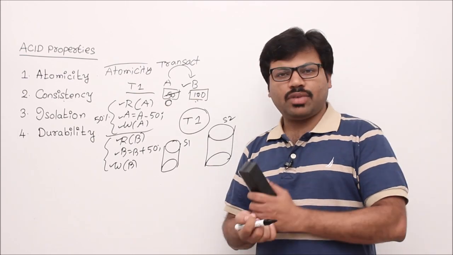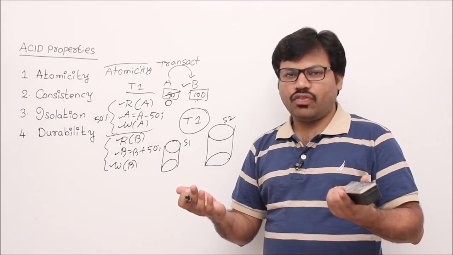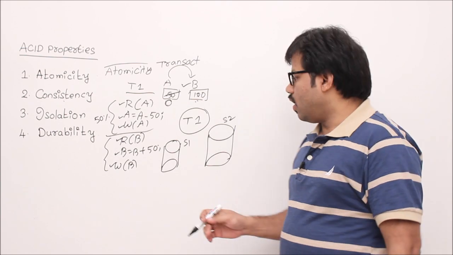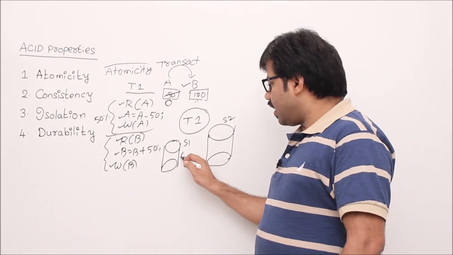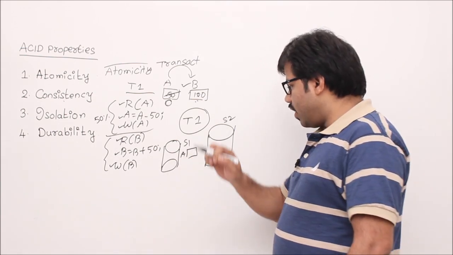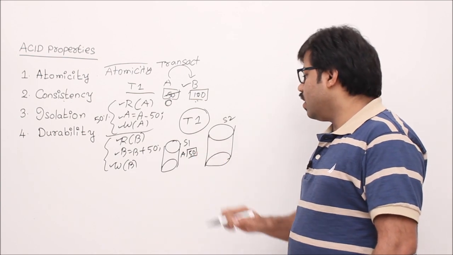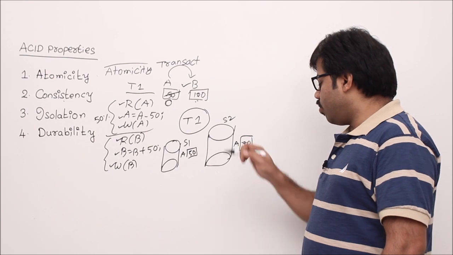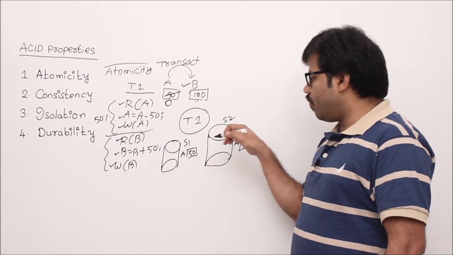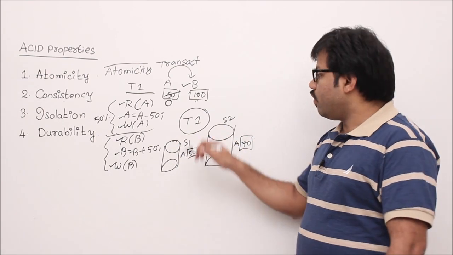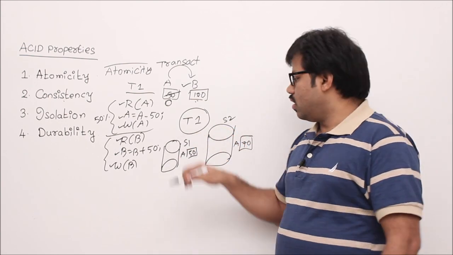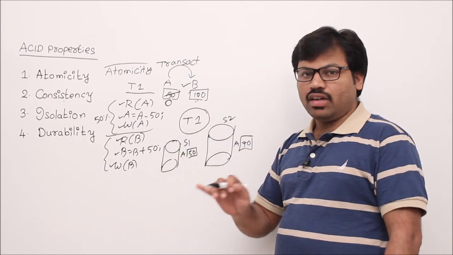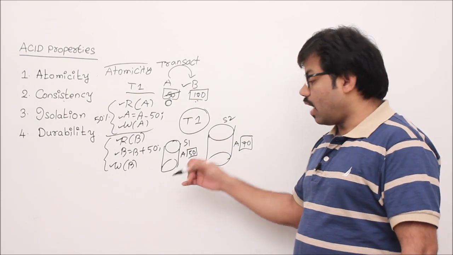What is the meaning of database state? It is the collection of all the data and their values, correct? For example, in state 1, there is a database variable A, and its value is 50. Then in the other state, the value of A might change, correct? That's why there are two different states. Whenever you execute a transaction, the database should go from one safe state to another safe state.